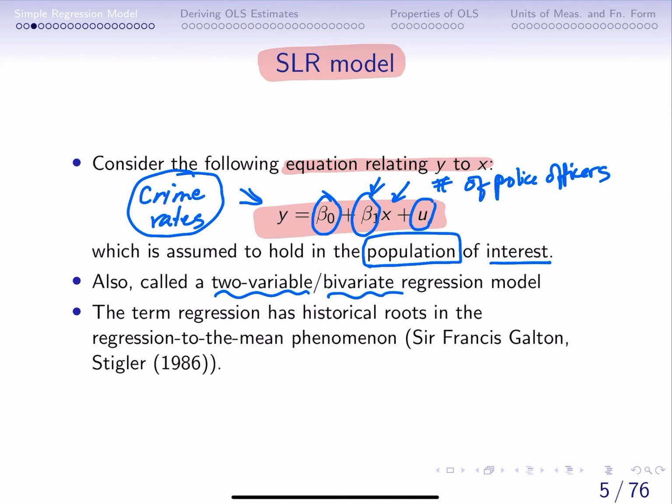And if you want to explore more, the term regression actually has some historical roots, and this experiment was done by Sir Francis Galton, who was interested in whether extreme characteristics observed in sweet peas carry on to the offspring.